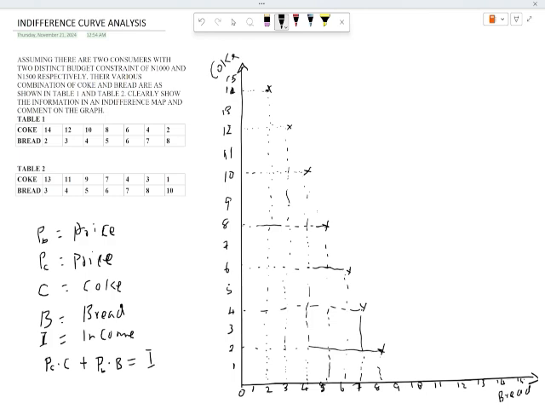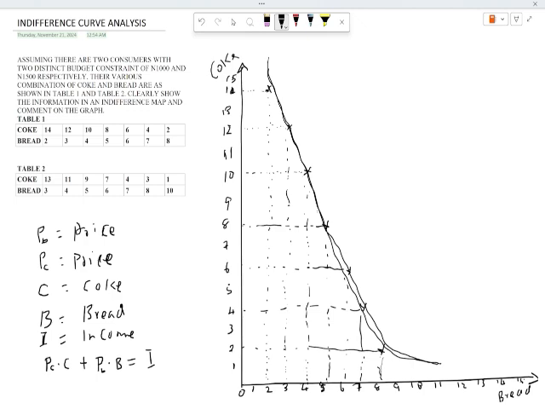Now the reason this graph is appearing this way is because this graph is not properly scaled. If it's properly scaled, it will definitely demonstrate the U shape indifference curve.